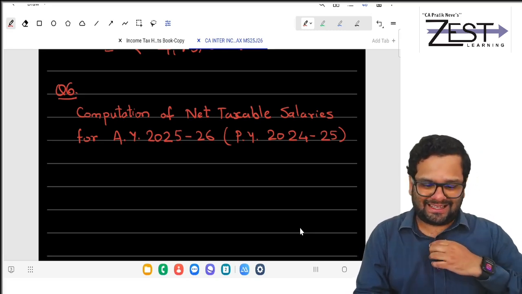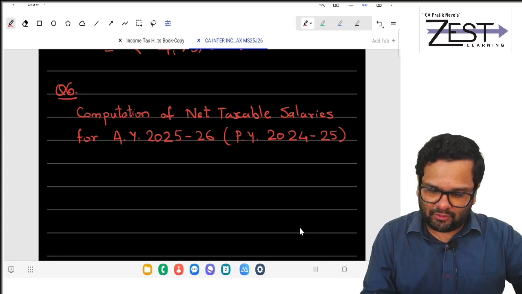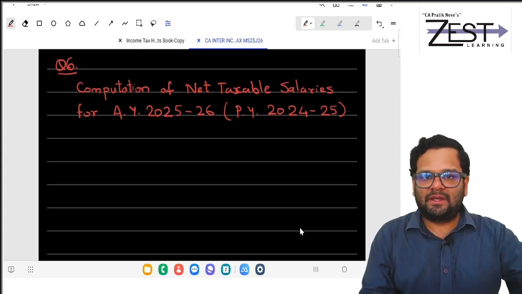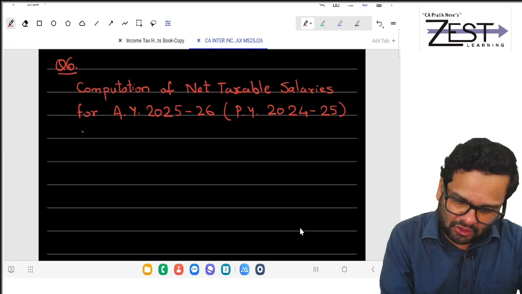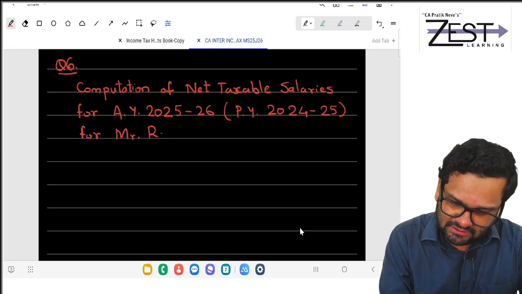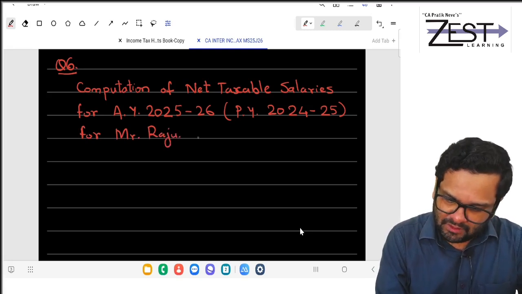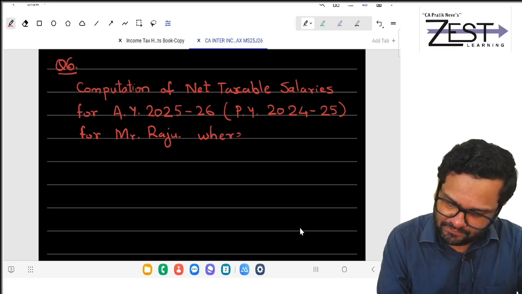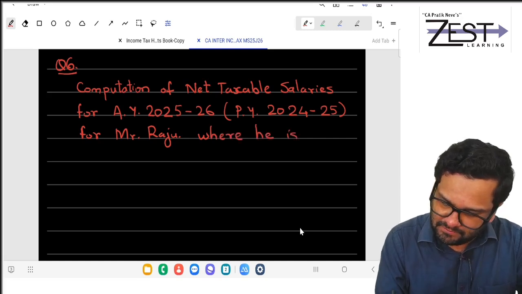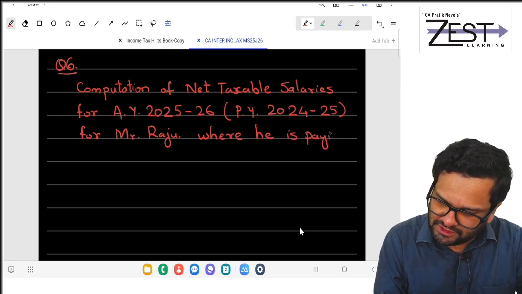Computation of net taxable salary for AY 25-26 relevant to PY 24-25 for the assessee, Mr. Raju. Where he is paying tax, which regime?